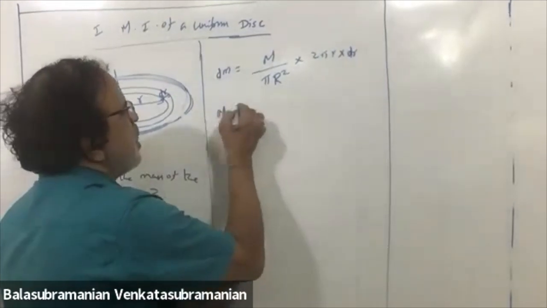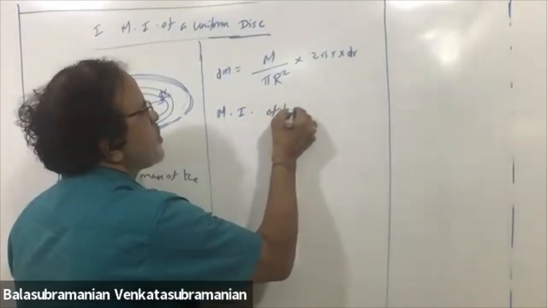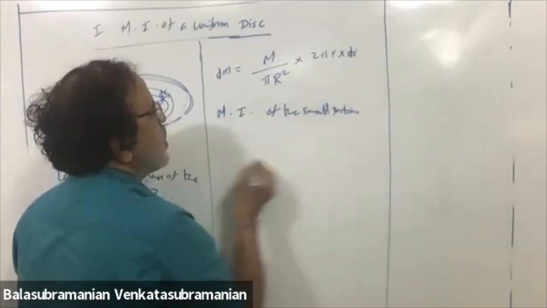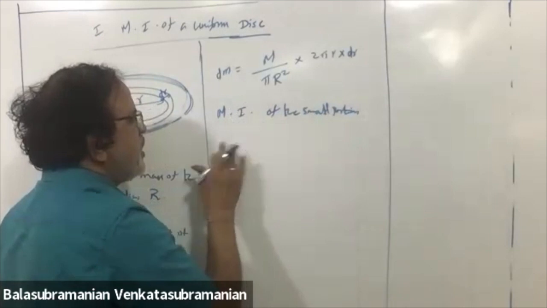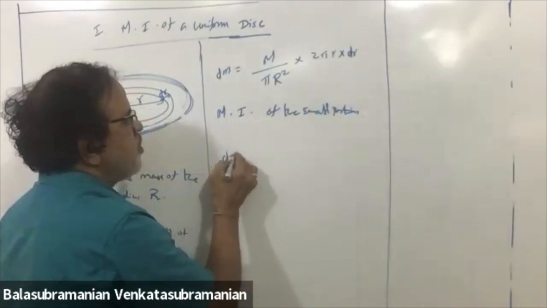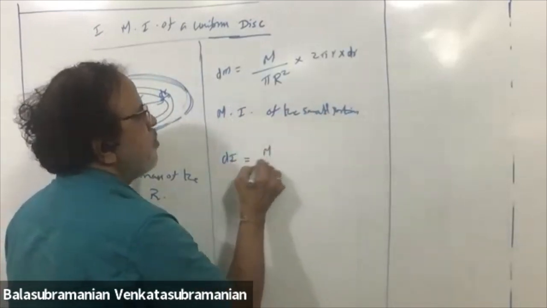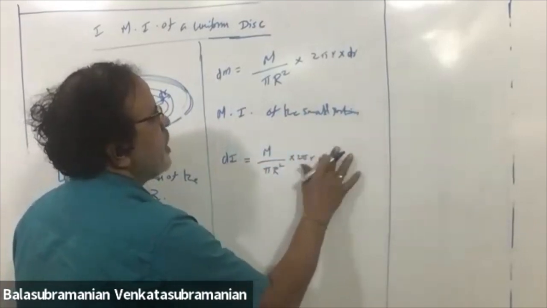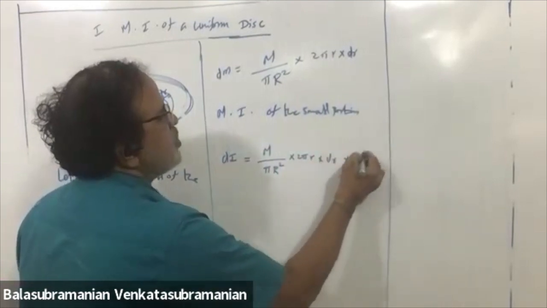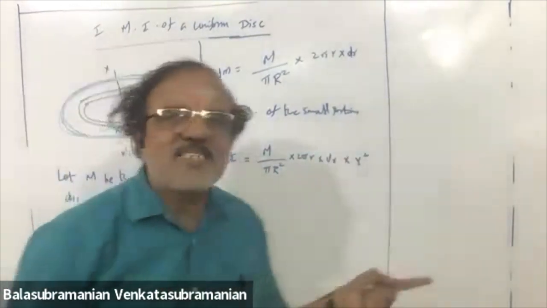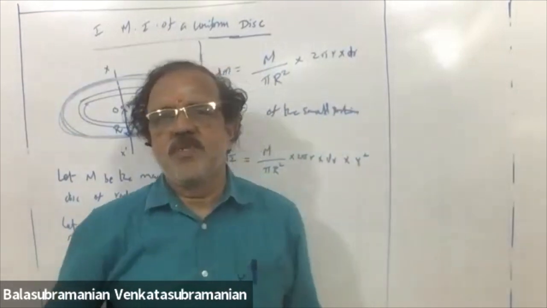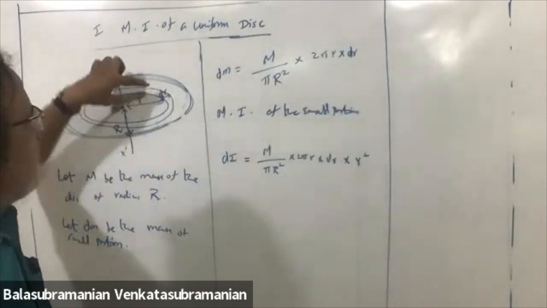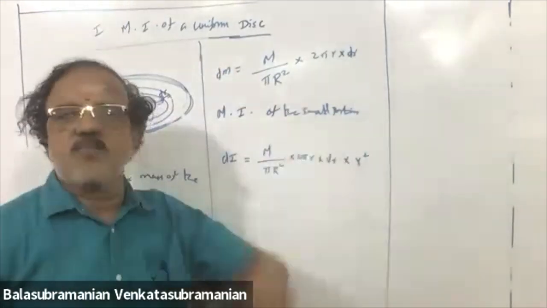Moment of inertia of the small portion. What will you get? dI is equal to m by pi r square, 2 pi r dr, into the square of the distance from the axis of rotation. Axis of rotation is X O X dash. From that, the square of the distance is r square.